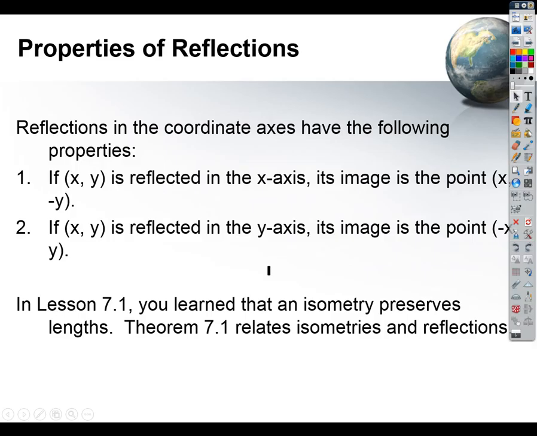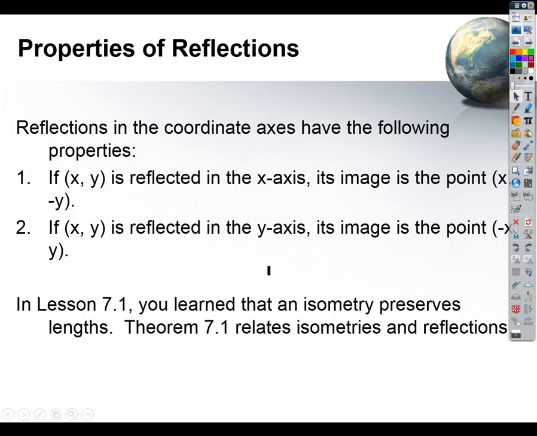Vertical, right? It's going to be vertical, and the x-axis is going to be the perpendicular bisector of the segment connecting the two. So what's always going to be true? Every time I reflect a point over the x-axis, how can I predict the coordinates of where it's going to end up? X will stay the same.